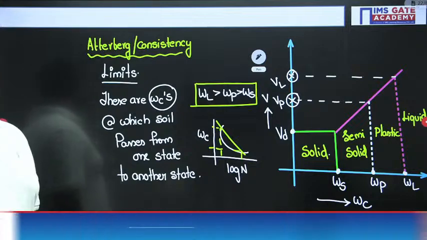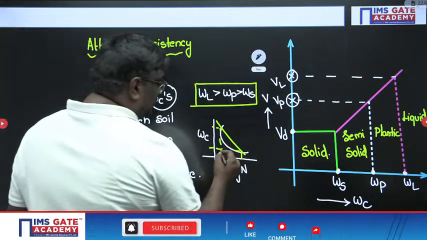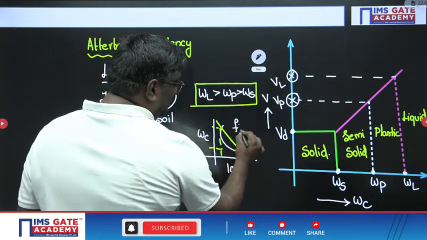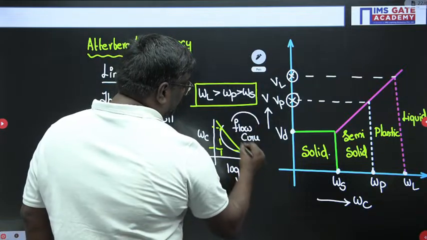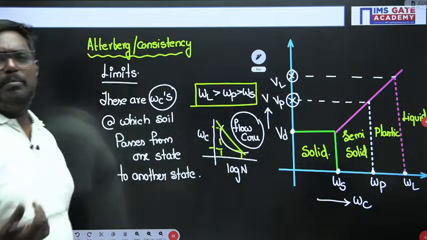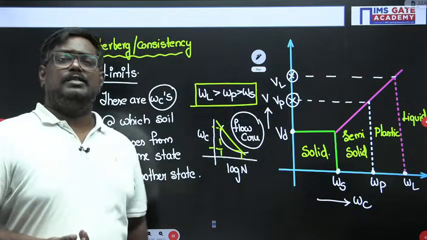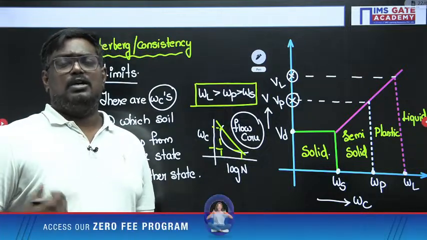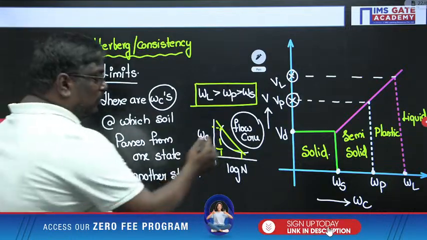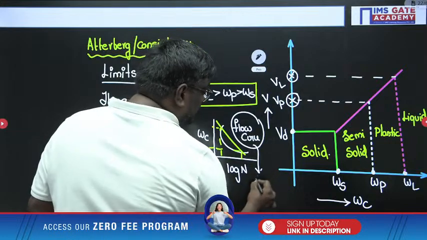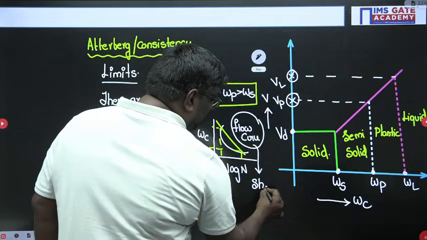We call this the flow curve. It is simple: if you apply more number of blows, the soil is dense; if you apply less number of blows, the soil is loose. So the flow curve gives you an idea about the shear strength of the soil.